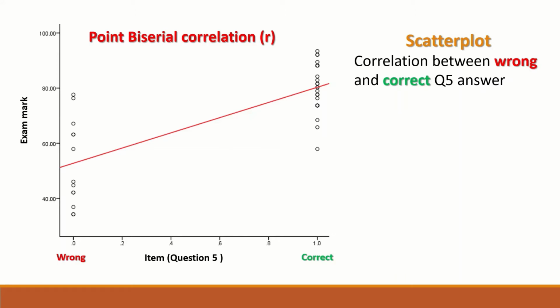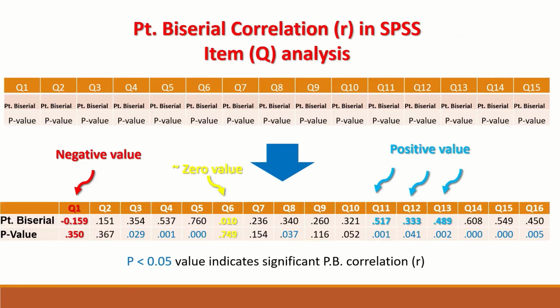So this question 5, from this scatter plot, can be considered a really good question. It can discriminate between high performing students and low performing students.